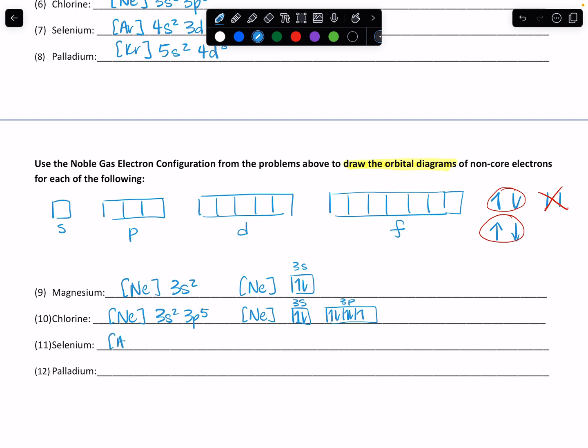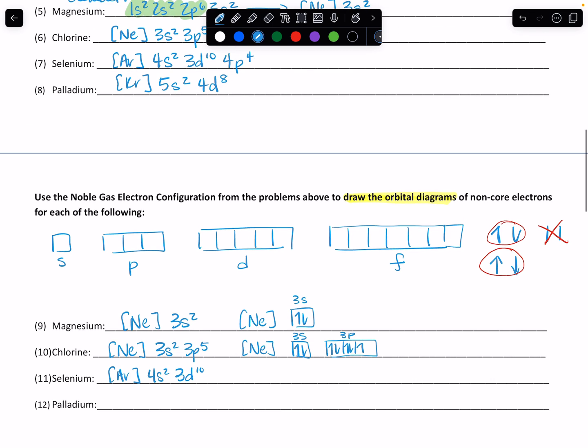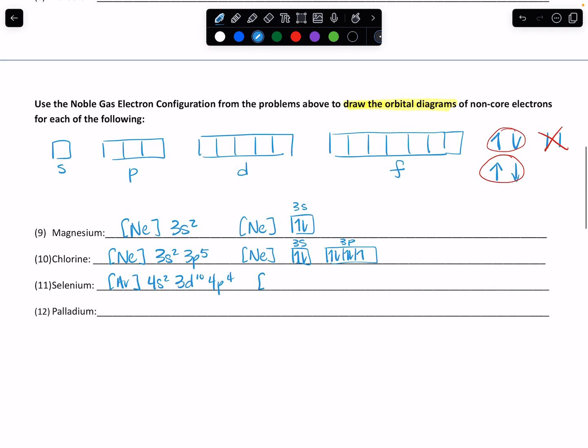For selenium, we've got argon, 4s2, 3d10, and 4p4. So argon, this is 4s. I'll give myself a little more room here on my p. Oh, whoops. I gotta do d first. 1, 2, 3, 4, 5.